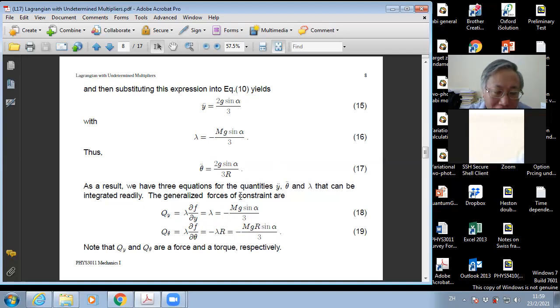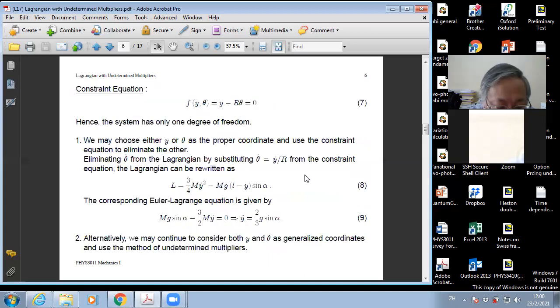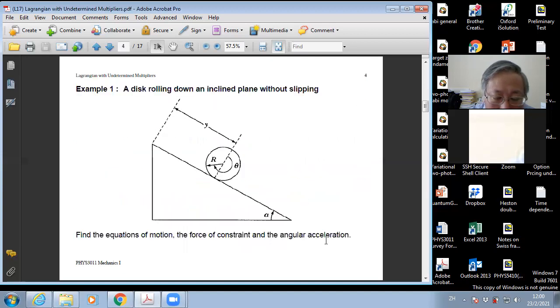So the method of Lagrange multiplier gives you additional information about the constraint forces, and also the angular acceleration.